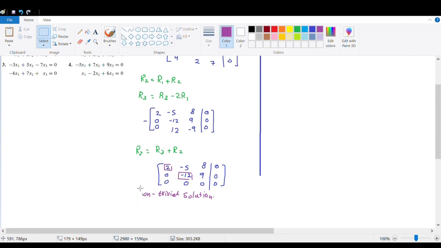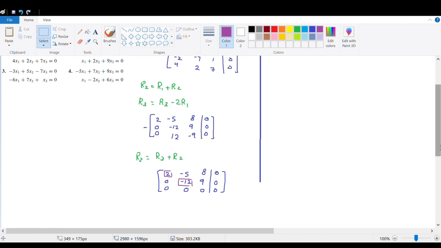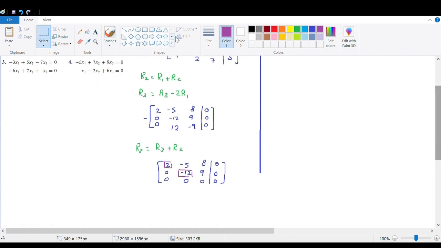So this matrix has 2 pivot positions, which are here, 2 and -12. There is no pivot in the third row, so that means x3 is a free variable, so the system has a non-trivial solution.